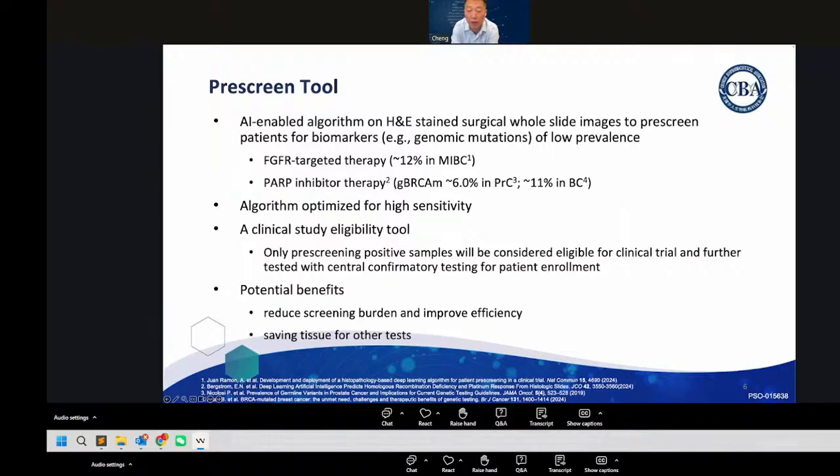And if the same tool can achieve a specificity of 50%, then that translates to a 50% true negative rate, so those patients can be avoided for the molecular testing, which will really save the cost, and the patient can also be directed to another option. So such a pre-screening tool can boost trial enrollment, ensure patients receive the right genomic testing when it truly matters, and also cut unnecessary laboratory cost. And the precious patient samples can be prioritized for other care options.